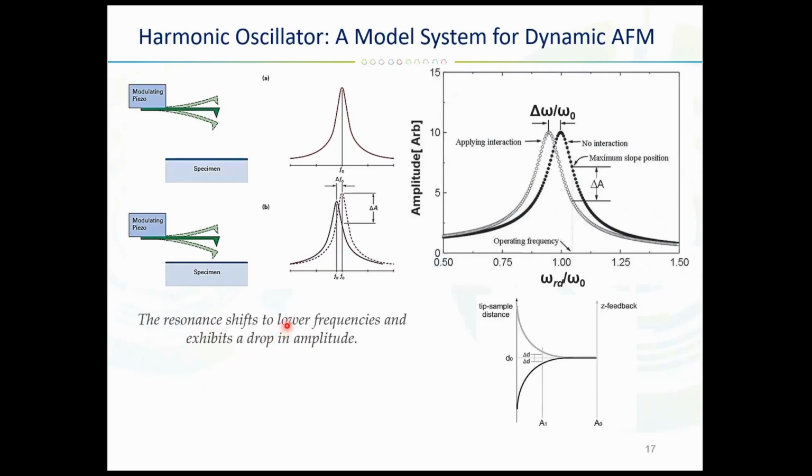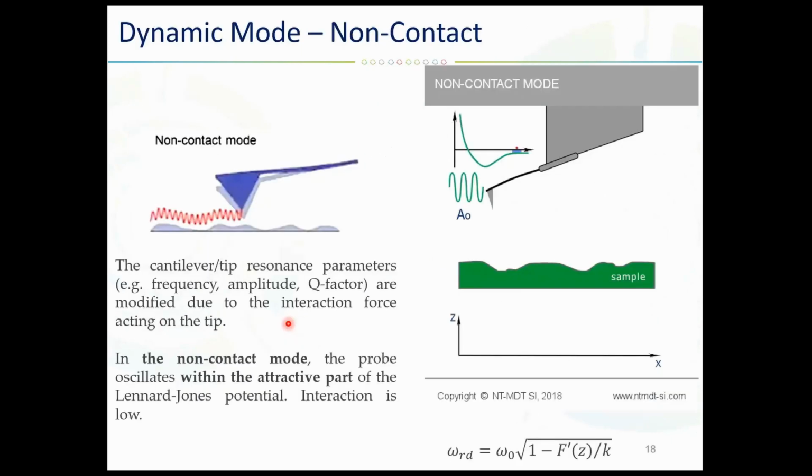Okay, so this was the theory behind the dynamic mode. Let's go to the next slide: dynamic mode as a non-contact mode. Non-contact mode offers some advantages over contact mode, and it works via the principle of amplitude modulation detection.